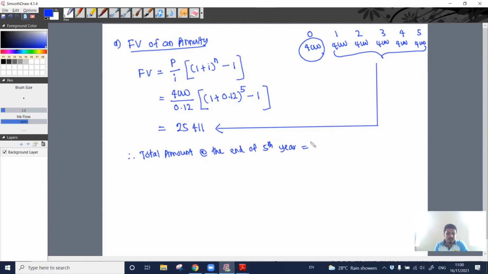Total amount at the end of the 5th year should be what?